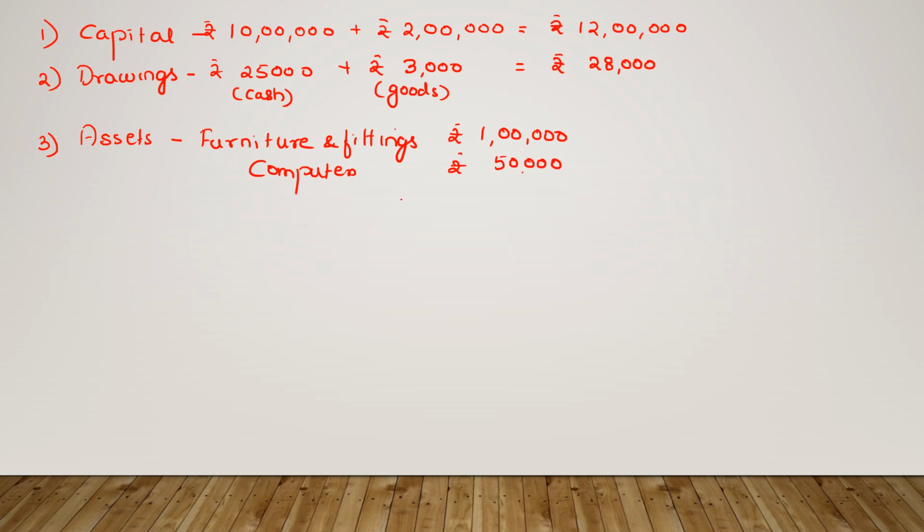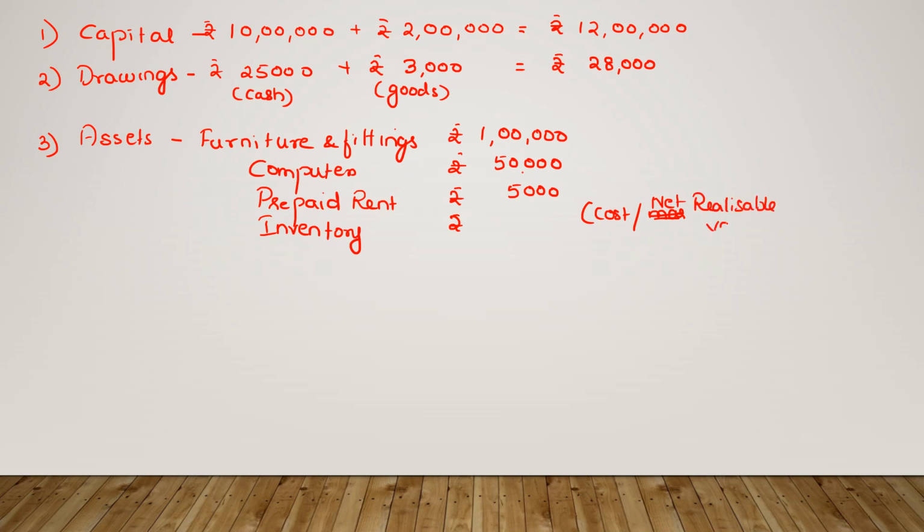Other than that, there is a prepaid expense: the prepaid rent of rupees 5,000 would come under current assets. And there will also be inventory, which will be valued at cost or market value, or we'll say net realizable value, whichever is lower.